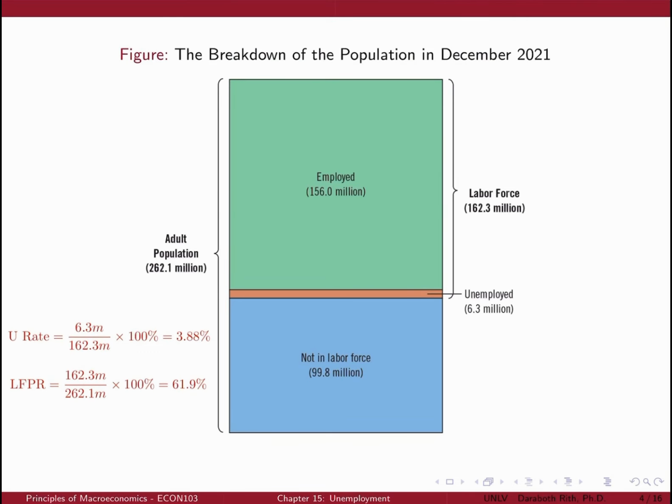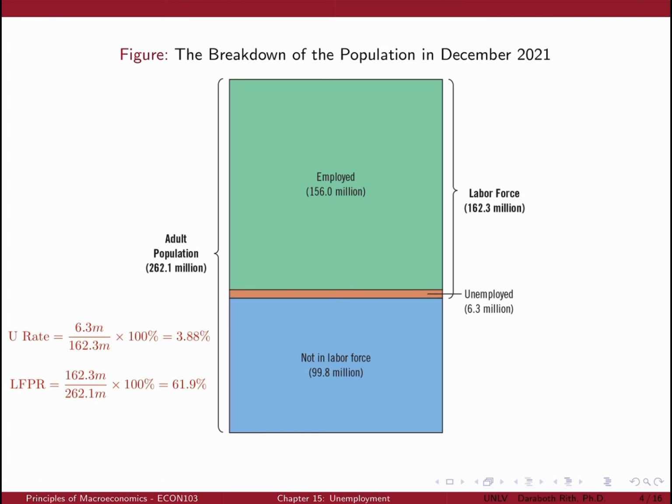Then we can calculate the unemployment rate by taking the number of unemployed divided by labor force. That is 6.3 million divided by 162.3 million times 100% equals 3.88%.